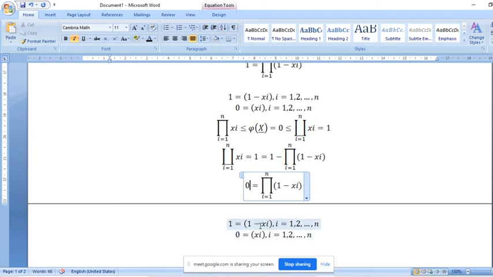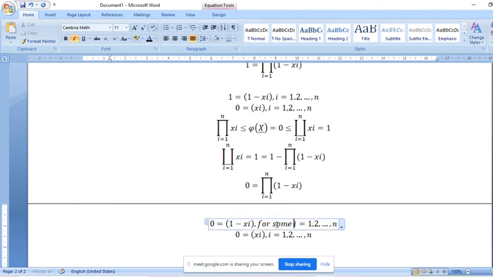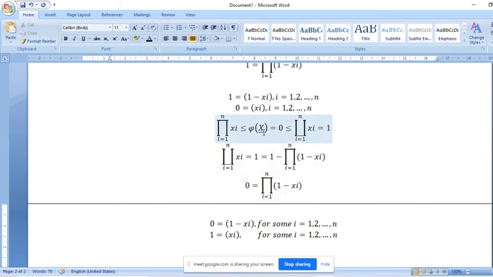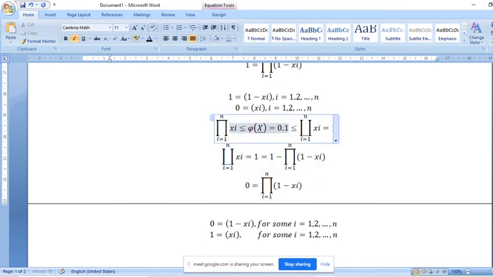It will be 0 when 1 minus xi is 0 for some i, not for all i. That means for some i, xi equals 1. If for some i the xi's are 1, then there is a possibility for 0 as well as 1.